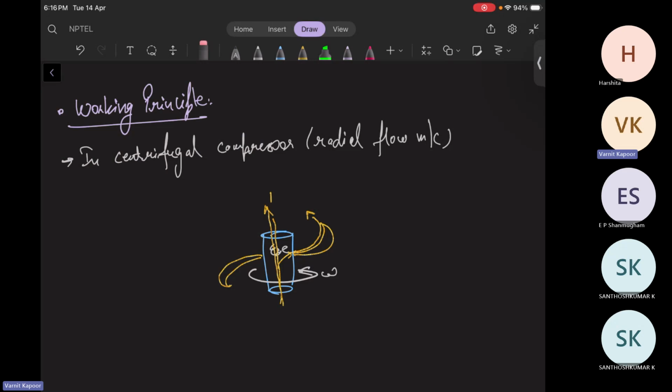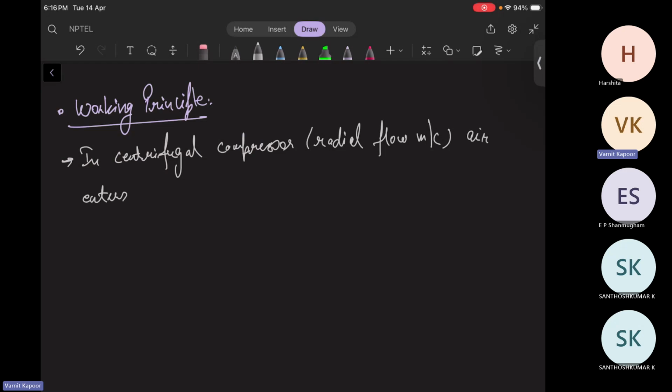That's why it is called a radial flow machine. Air enters at the eye of the impeller in axial direction. Axially it entered and moved through the impeller in radially outward direction.